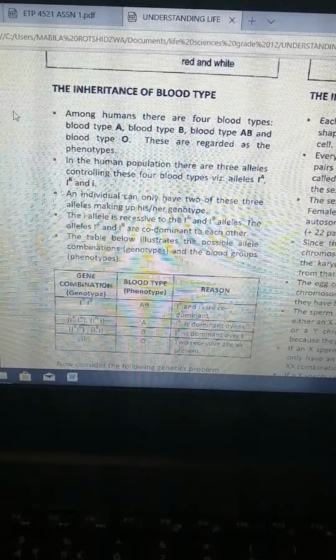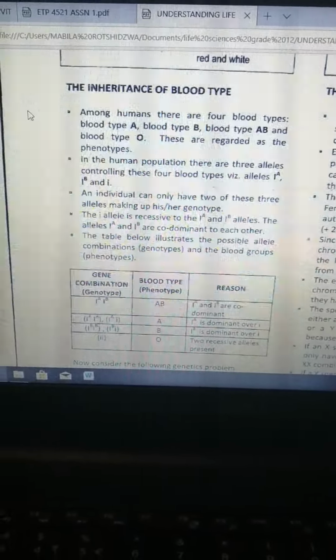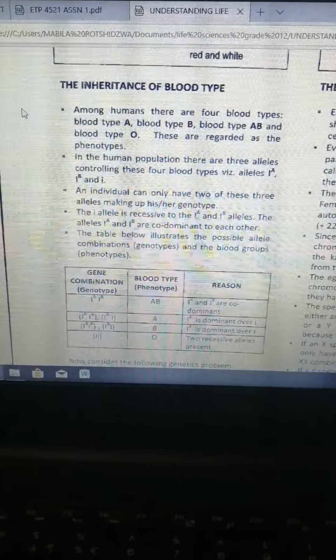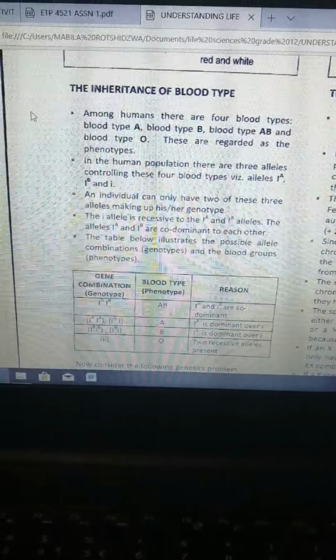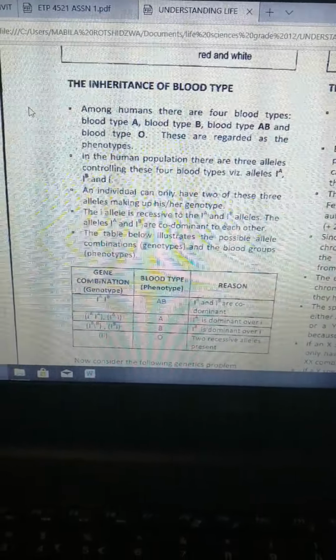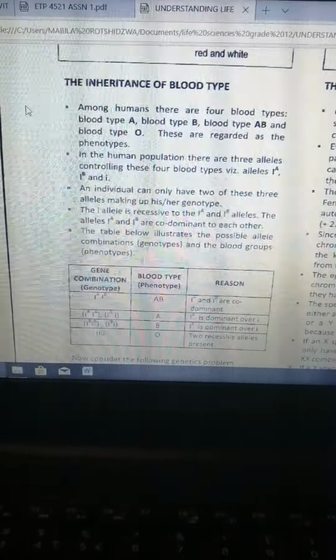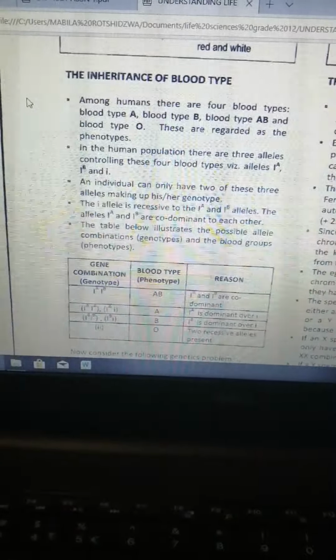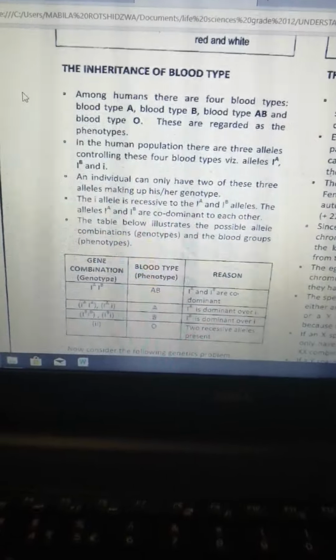Now, these blood types have alleles that control them. For example, blood type A is controlled by allele I to the power capital letter A, to show that this allele is dominant, ne?